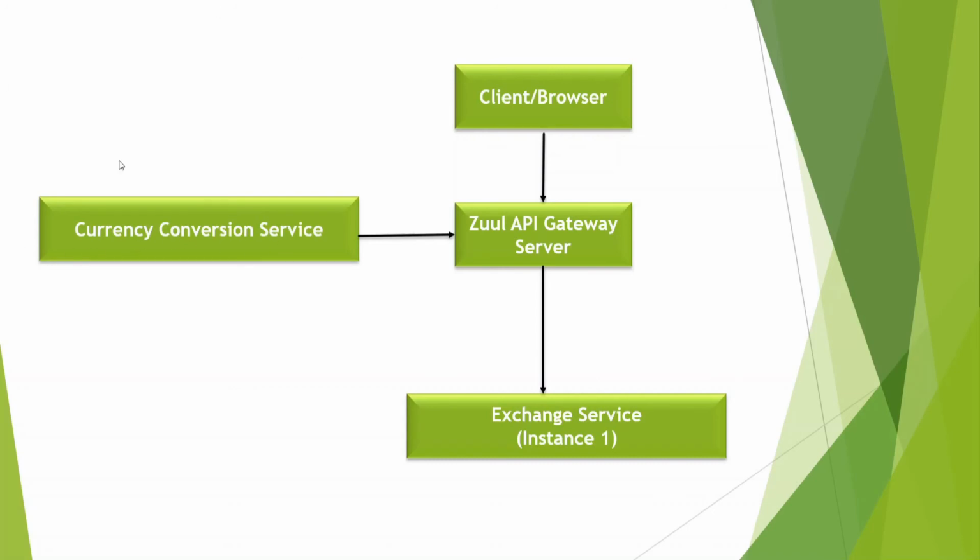The first time, when we call the currency conversion service, the Zuul API gateway logging filter will get called, and thereafter when you call the exchange service, the Zuul logging filter will also get called. So for this flow from the currency conversion service to the exchange service, it gets called 2 times, because before the currency conversion service, the client browser and the Zuul API gateway server are also playing a role.